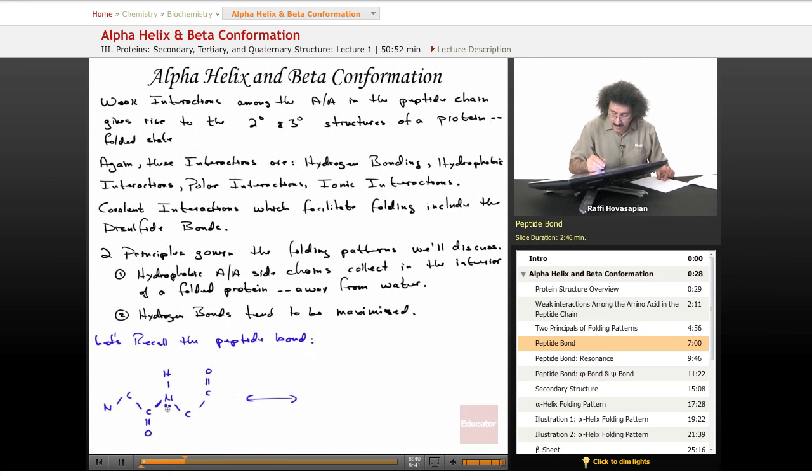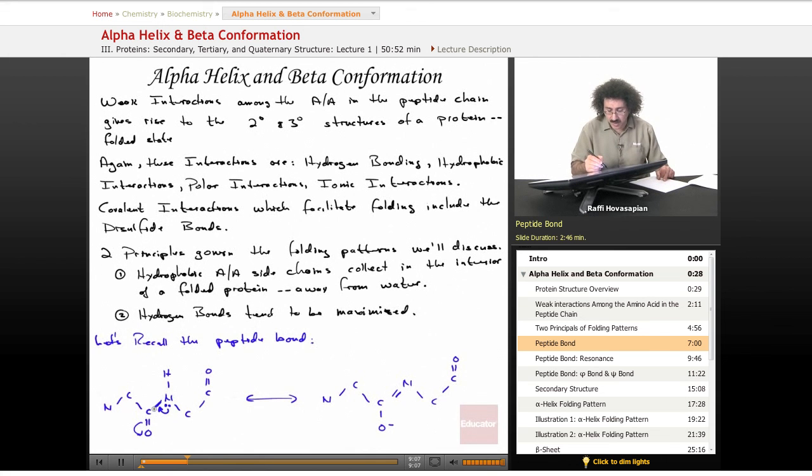This electron pair jumps here, creates a double bond, and pushes these electrons onto oxygen. So another resonance structure for the peptide bond is the following.